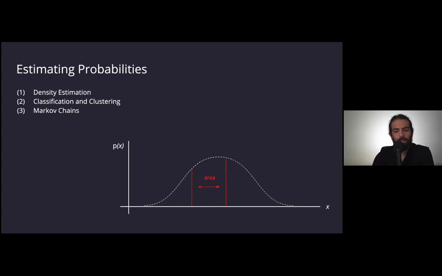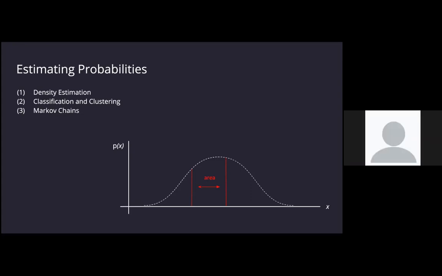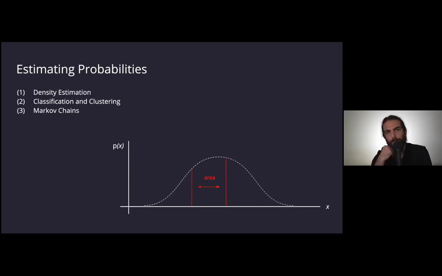Now, if we want to know the cumulative probability, let me take a step back. In probability theory, we have a set of probability functions: the probability density function, probability mass function, and cumulative mass function.